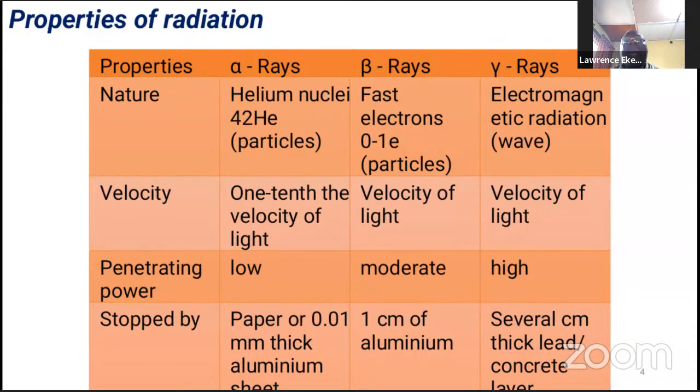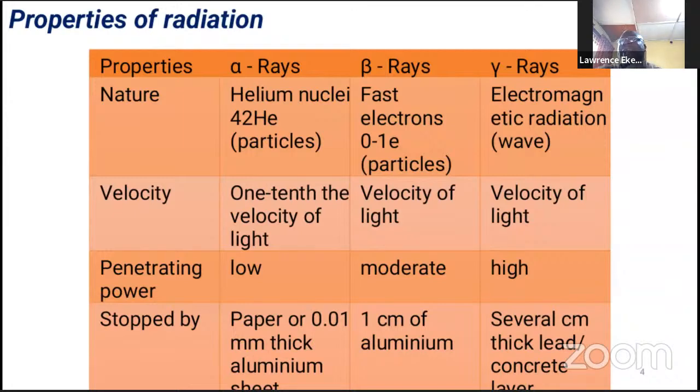The beta rays have more penetrating power compared to the alpha particles. Their penetrating power is higher than the alpha particles, but less than the gamma rays. Penetrating power increases from alpha to beta rays, and the highest is gamma rays. They can be stopped by any metal foil, an example of which is aluminum foil.